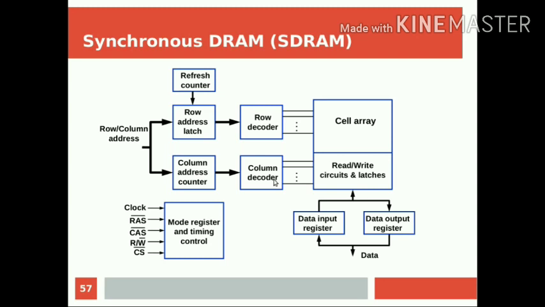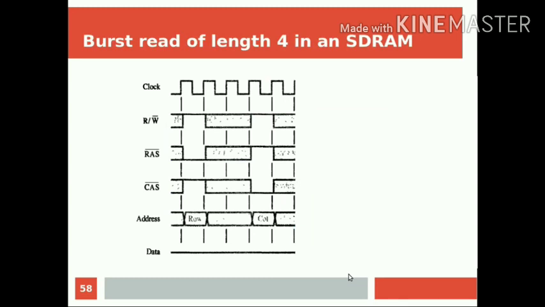This column decoder will select the corresponding byte or corresponding group of bits, and that will be available through the data output register, and that will reach us on the data bus. So after 1 or 2 clock cycles, data is available on the data bus.